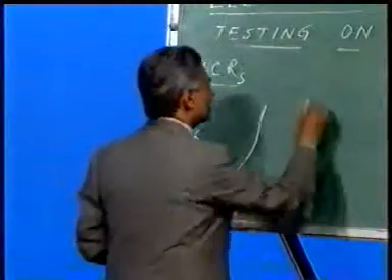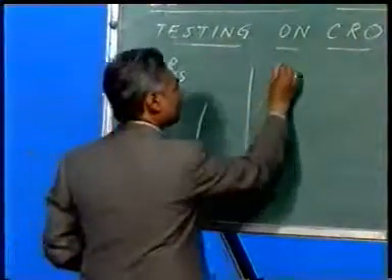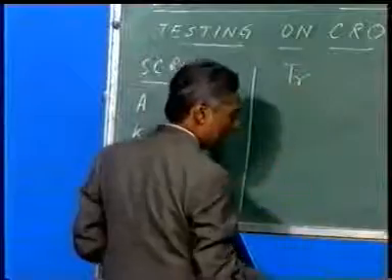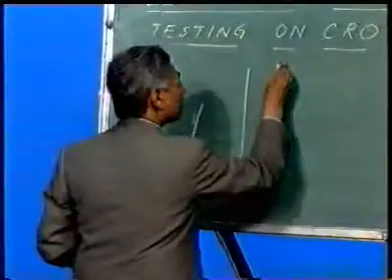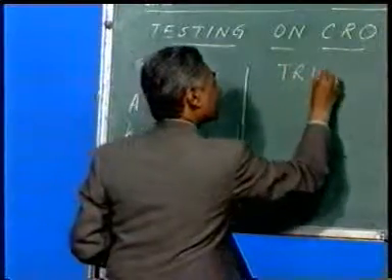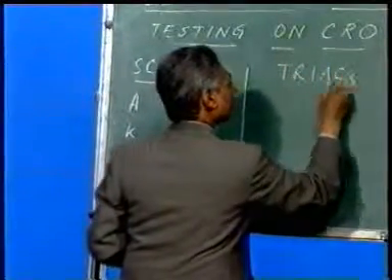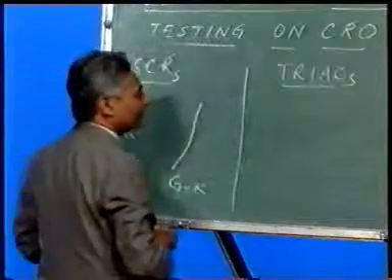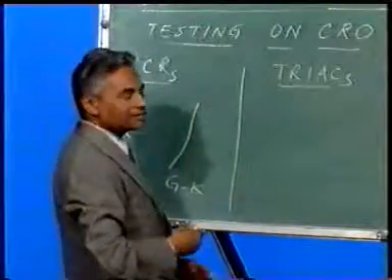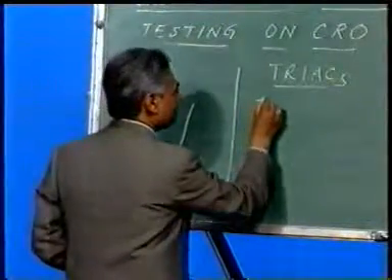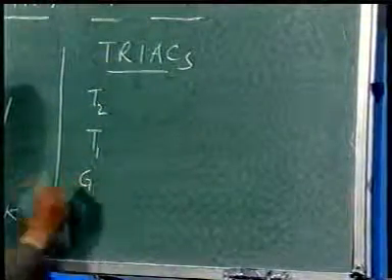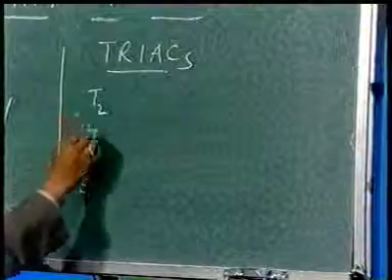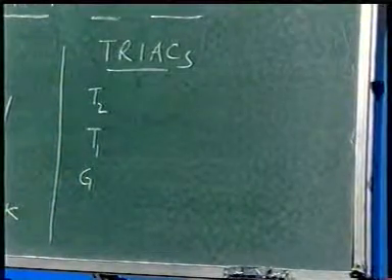Now let us see what you will get in case of a triac. Here also there are 3 terminals. The terminals are T2, T1 and gate. Of course, this is main terminal 2, main terminal 1 and gate, you remember it.